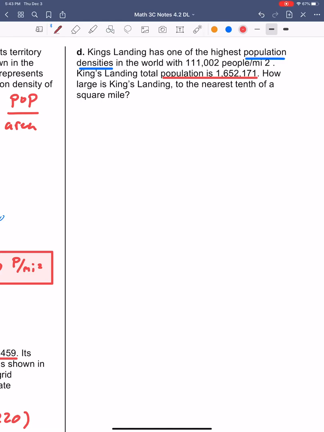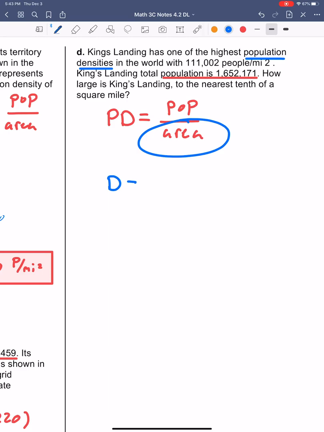Well, remember, our formula looks like this: population density equals, we have the population divided by the area, and in this case we are looking for the area, right? Because it's asking how big. They gave us the other pieces. So I'm going to rewrite this just with some variables here. So I'm going to say the density equals the population over the area.